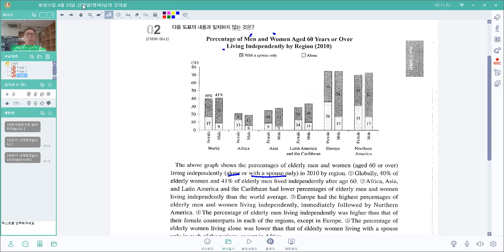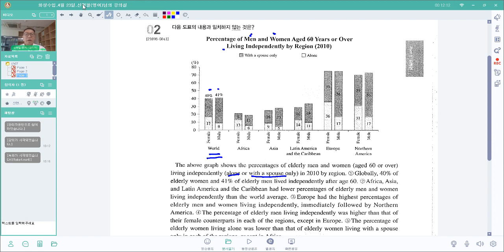So globally, 40% of elderly women and 41% of elderly men live independently after age 60. So here we have global, 40% of female, 41% of male live independently globally, which is true.